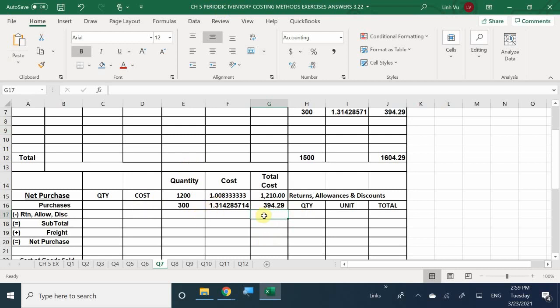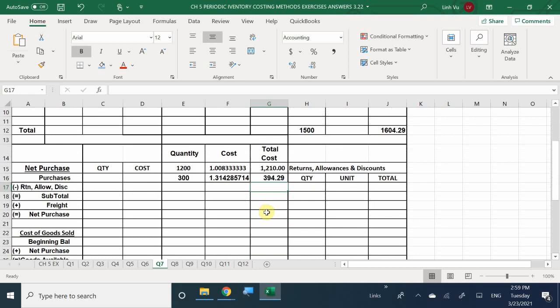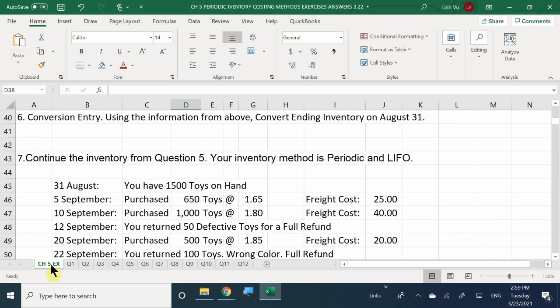So that's just placing in beginning inventory. Everyone good with me so far? Yes. Okay, so let's go ahead and enter in one, and then we'll take a break.